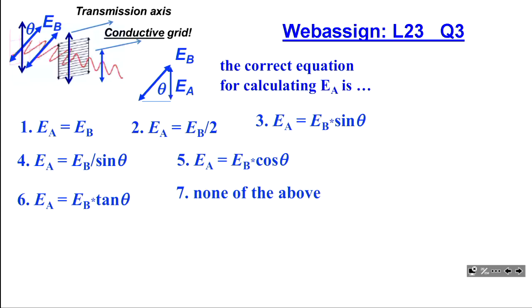This arrow is what we could call the component which is perpendicular. This arrow is the component which is parallel to the transmission axis. What do A and B mean? Well, B means before the polarizer. A means after. Again, a standard kind of notation.